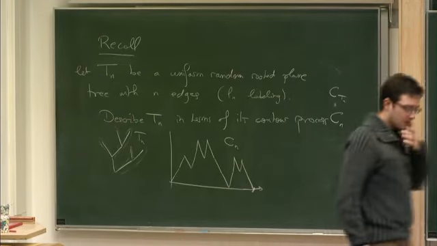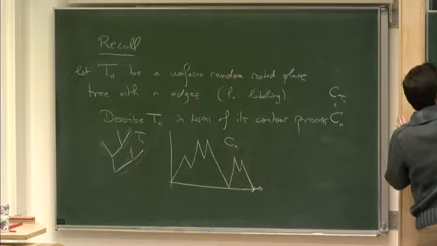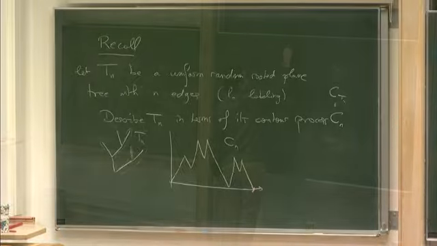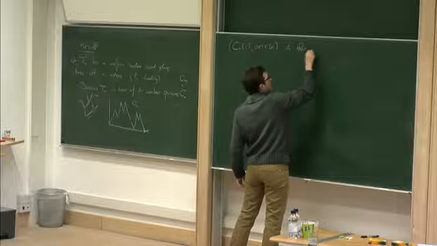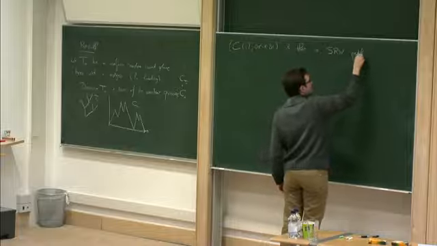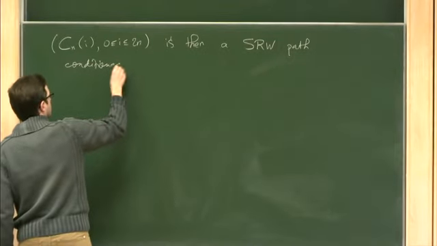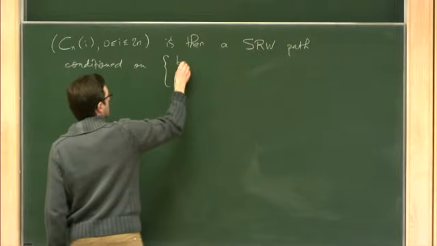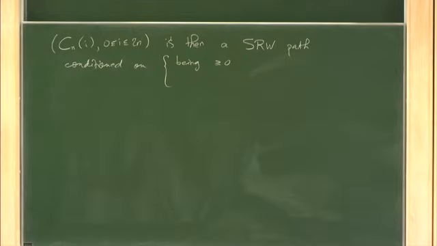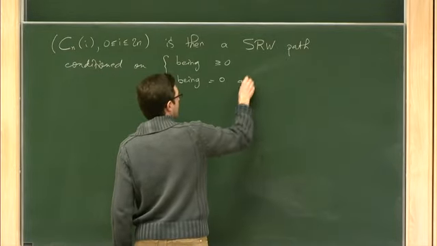And as I said last time, Cn is then a simple random walk, but conditioned on being non-negative all the way through, and being equal to 0 at time 2n.